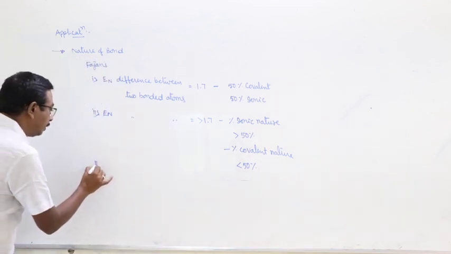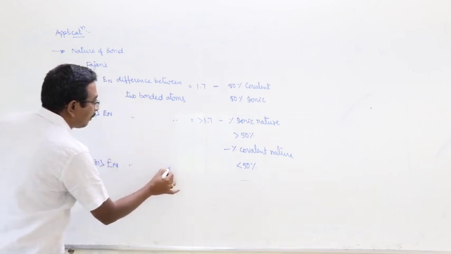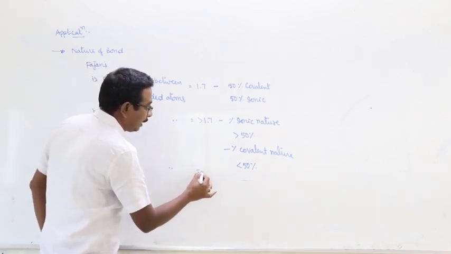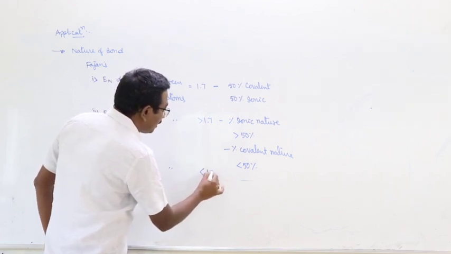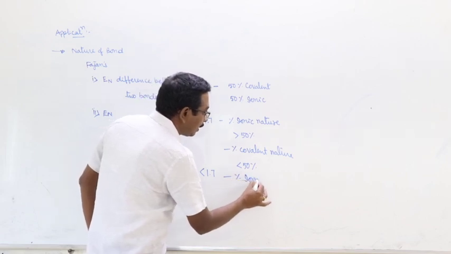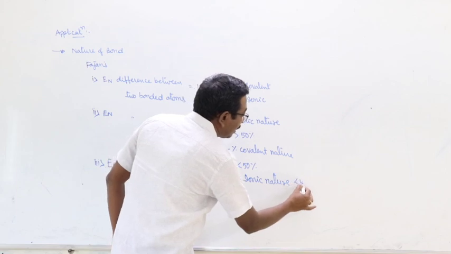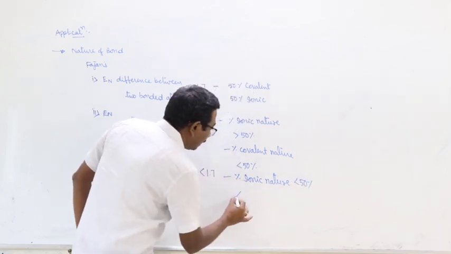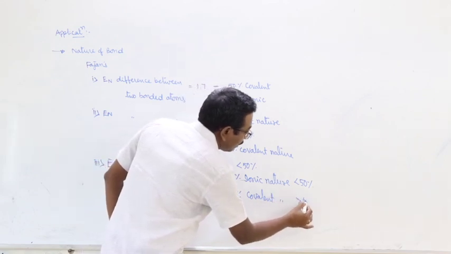Third statement. If the electronegativity difference between the two bonded atoms is less than 1.7, then the percentage of ionic nature is less than 50% and the percentage of covalent nature is greater than 50%.